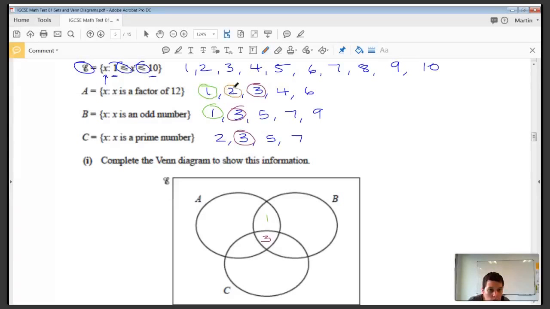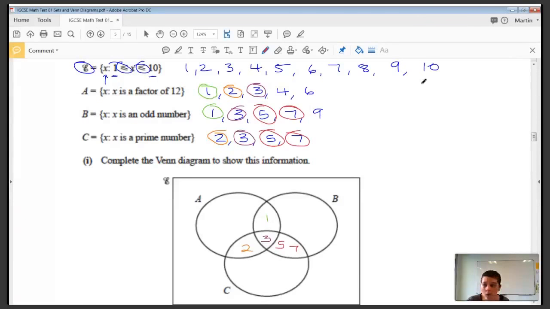We have a 2, and that's it. So the next one, we're going to run out of colors, I think. Between B and C, what are they sharing? Oh, this gets more interesting. They are sharing a 5 and a 7. So there we have to put the 5 and the 7.